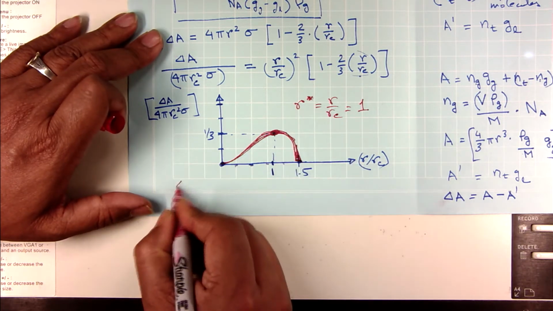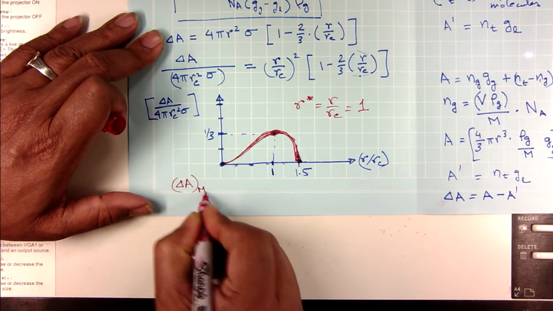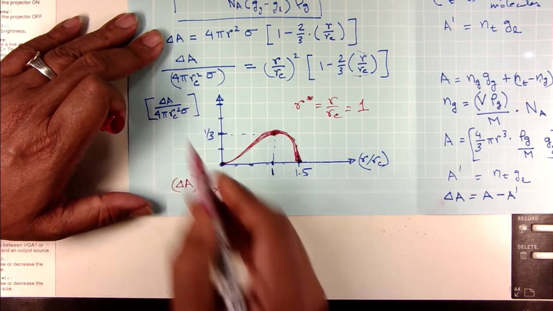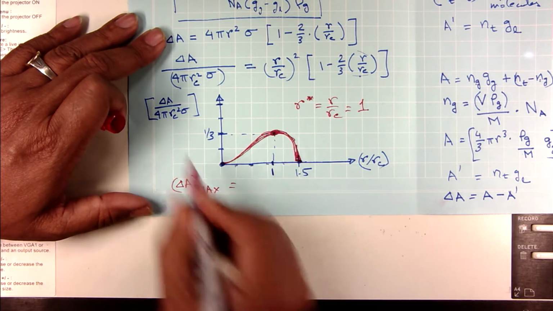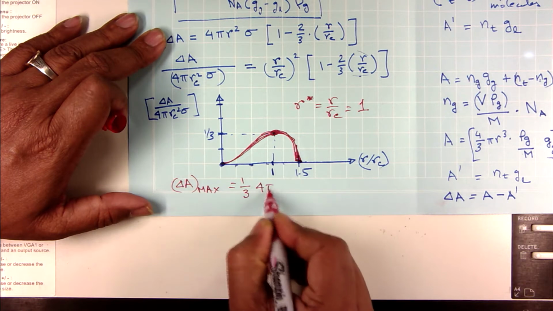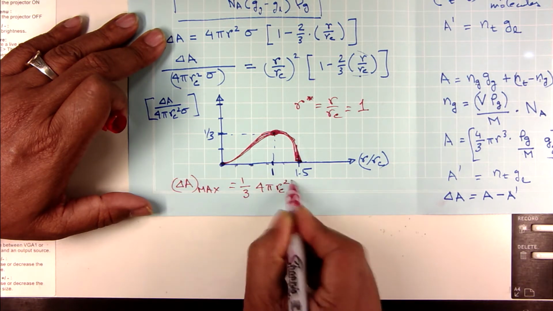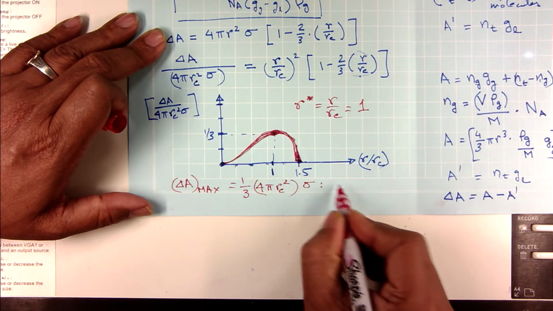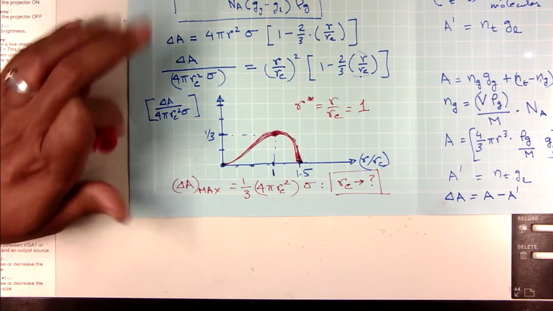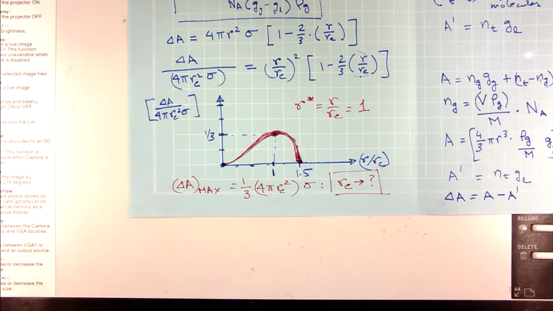And your value of delta A max is equal to then 1/3 times 4 pi r c square sigma, right. But the big question is, what is R c? I still have not answered that question for you.